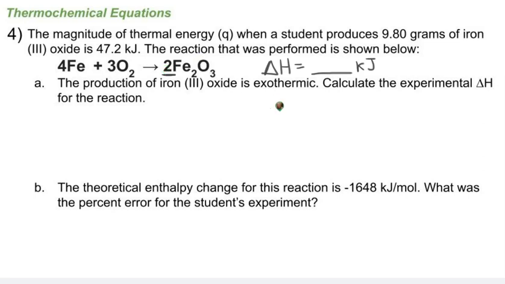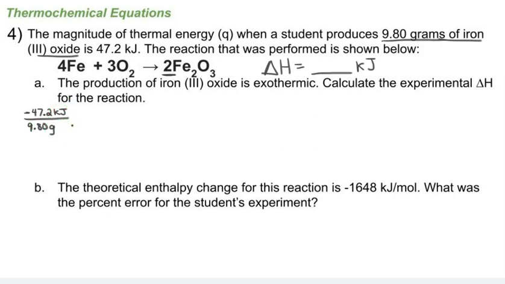The student themselves only reacted and produced 9.8 grams of iron 3 oxide, and when they produced that 9.80 grams, they got 47.2 kilojoules of energy, and it's exothermic, so a release of energy, for reacting just 9.80 grams. So we want to know the number of kilojoules for the entire reaction.